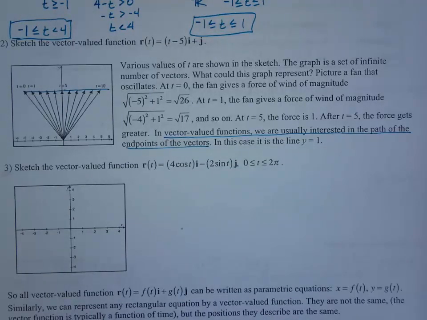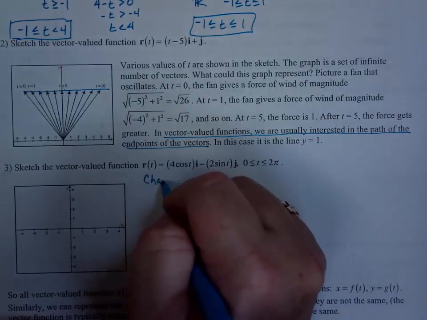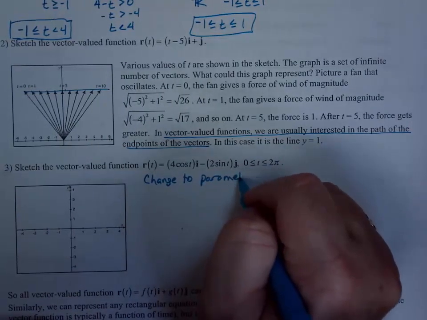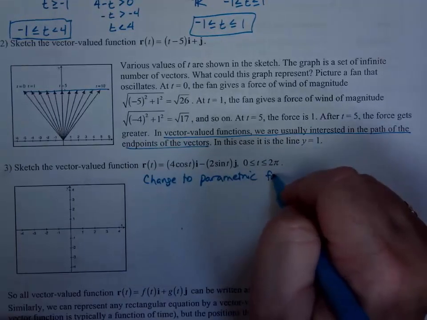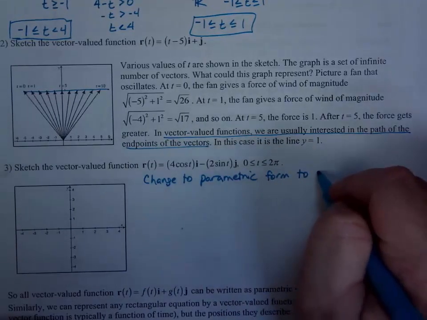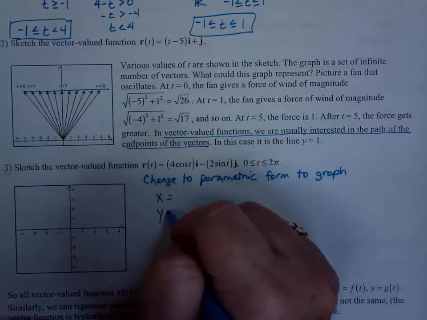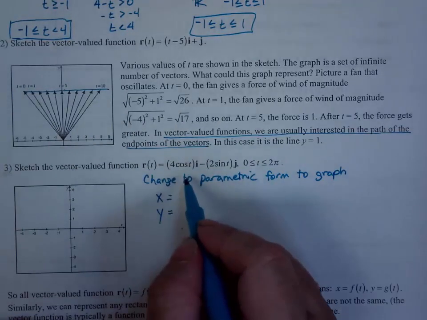Okay? So, because of the fact that we're focusing just on the endpoints of the vectors, when we graph this thing, we can graph it parametrically very, very easy. There is no vector graphing setting on your calculator. So what we do is we change our equation to parametric form. We're going to change it to parametric form to graph it. So, what's in front of the i?